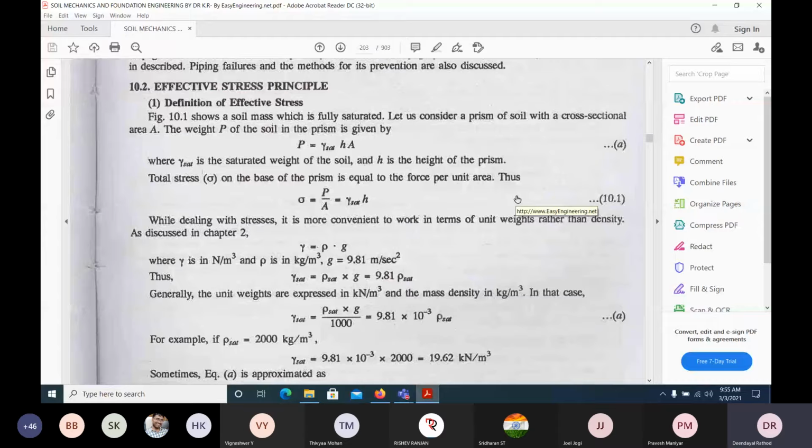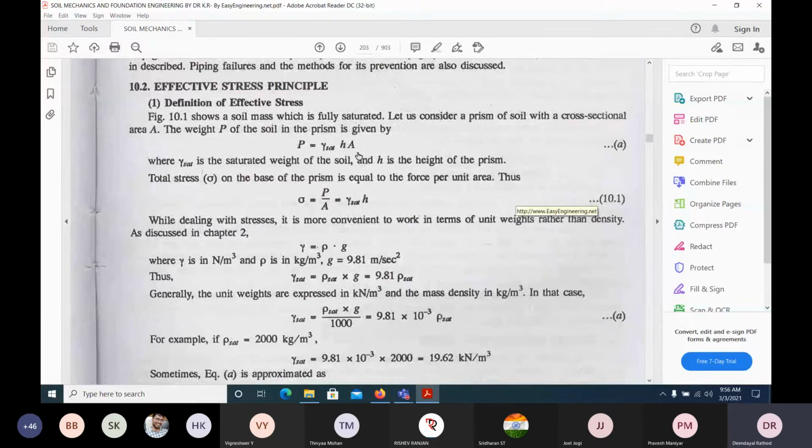Once you know the cross section area and the height, you multiply by the particular material unit weight. It can be soil, anything. So here we have to multiply gamma saturation. Then it will give the complete weight of the soil there.